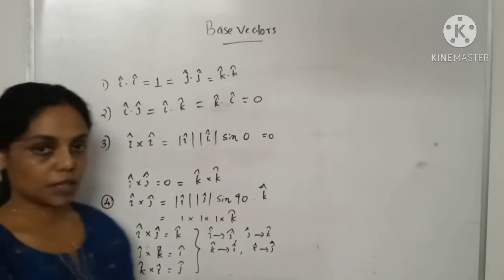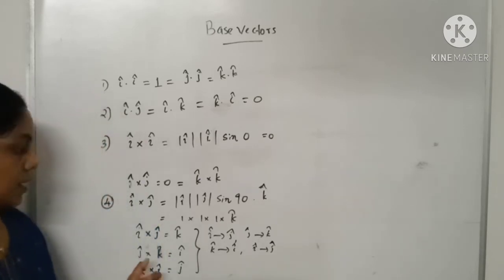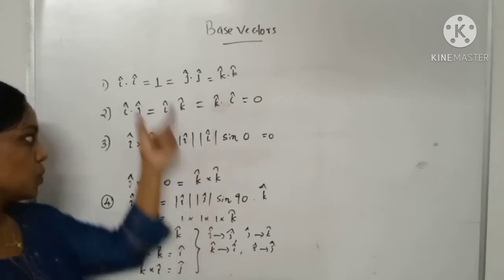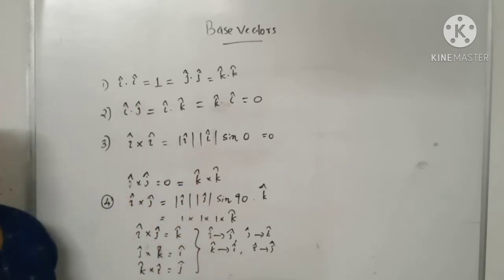Just a cyclic permutation. You can get another two equations. So these are the properties of base vectors.